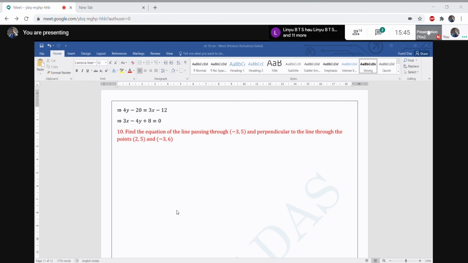Okay, almost done. Okay, this is our diagram.